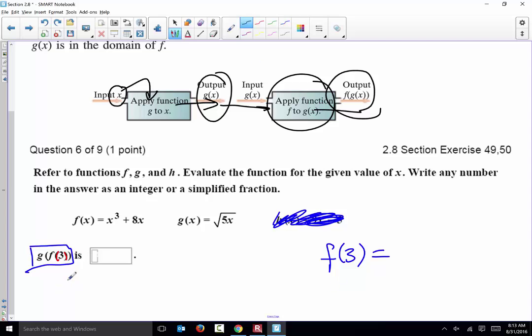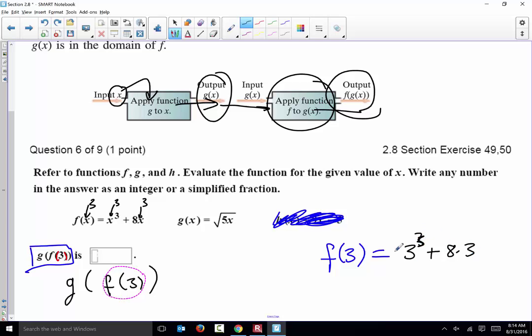Okay, I start here, G of F of 3. I see that I must first process this. 3 is processed by F. Do it on the side. How do you compute F of 3? Perfect. We plug in 3 everywhere you see X. So it is 3 cubed, 8, and 3.